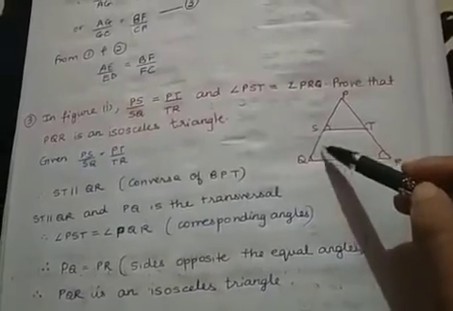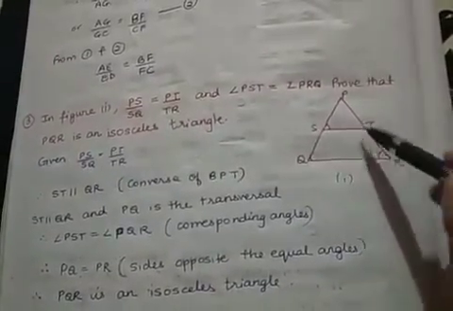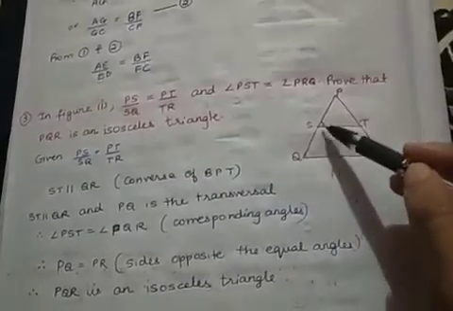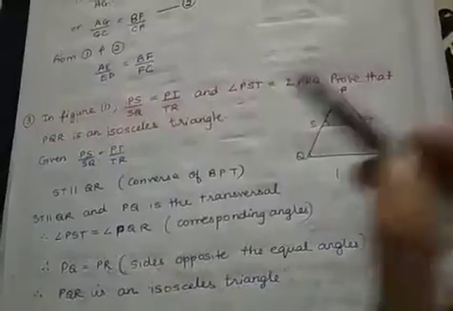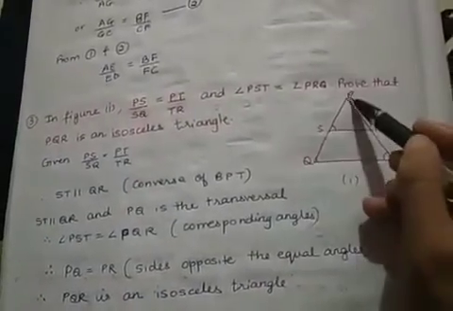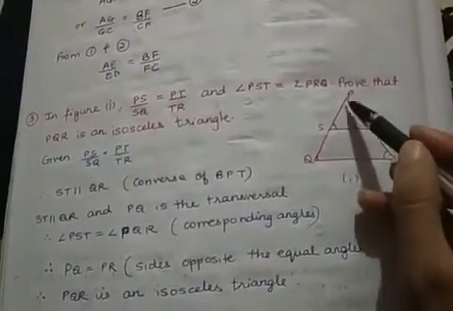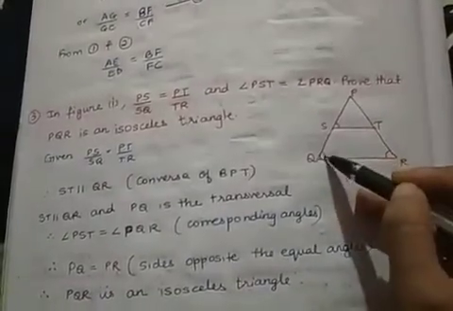What is the reason? Because if these two lines are parallel and this is the transversal, these are corresponding angles and the corresponding angles are equal. So we get angle PST equal to angle PQR, correct?